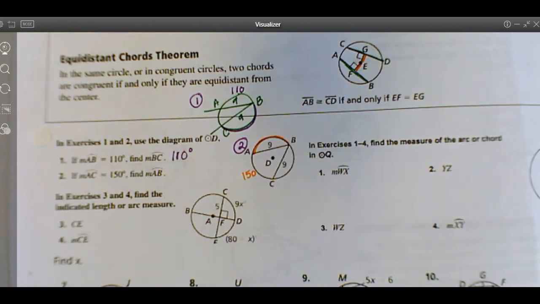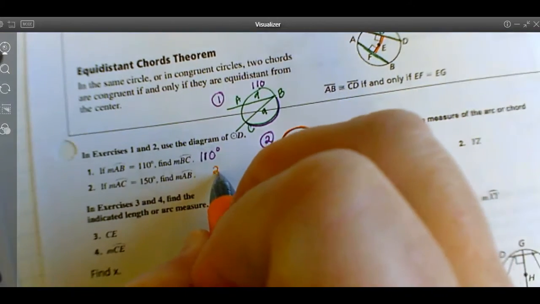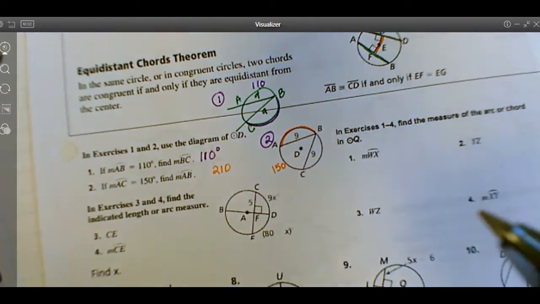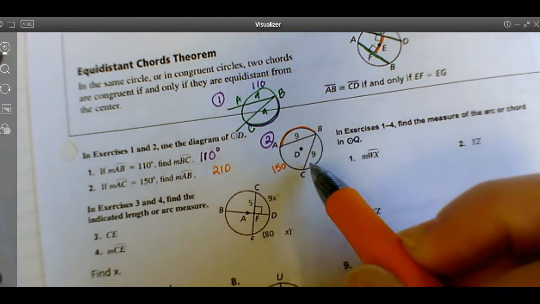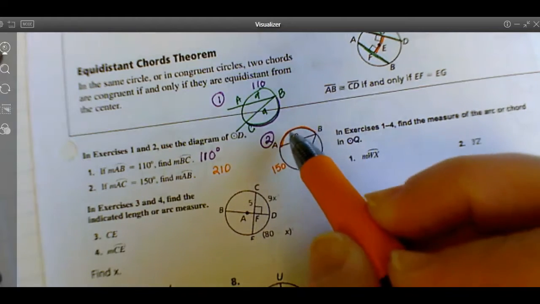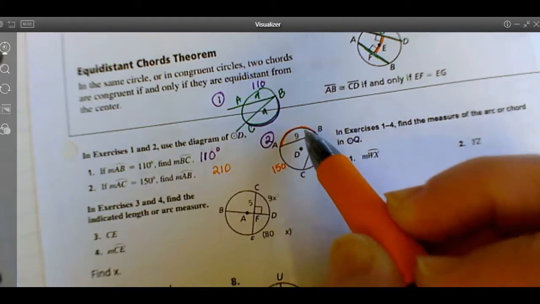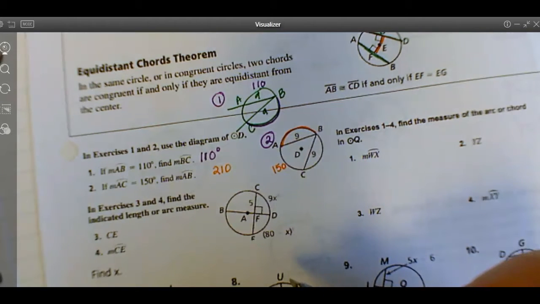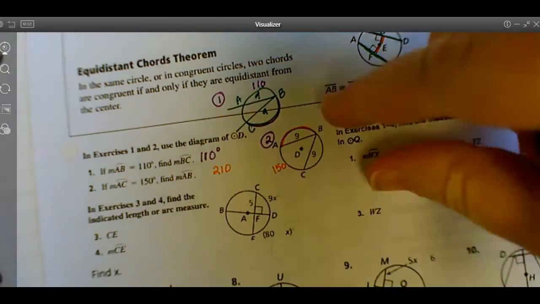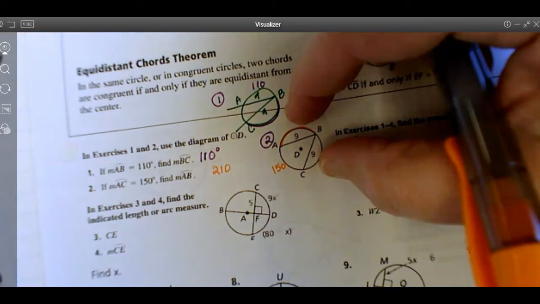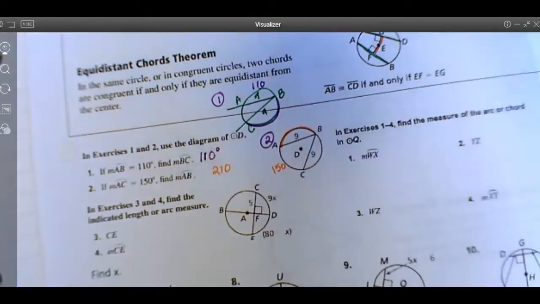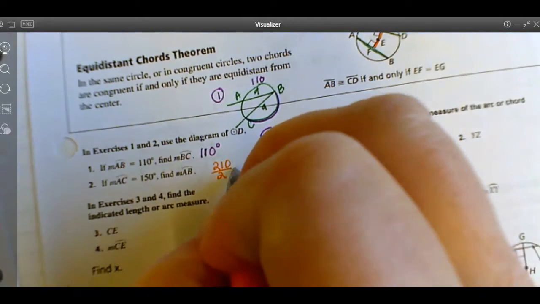I got 210. Well, 210 is not the answer, but 210 is these two parts put together. So how can I find the parts separately? If I know that they're the same and I know that together they add to 210, what if I divide it by 2?